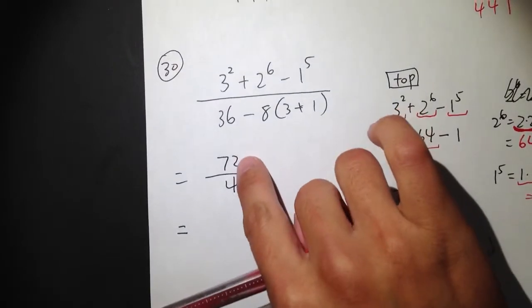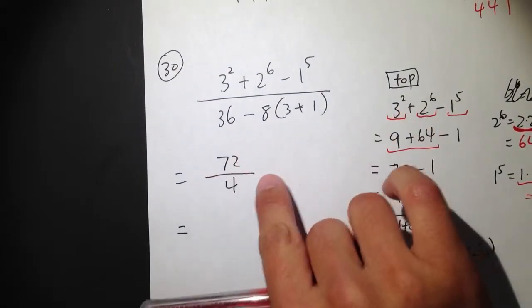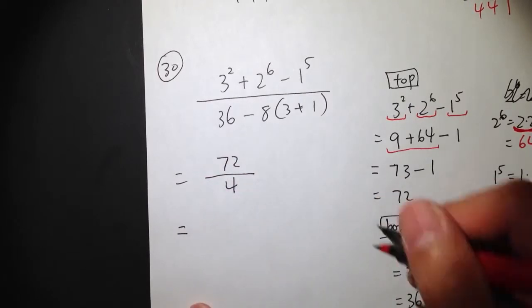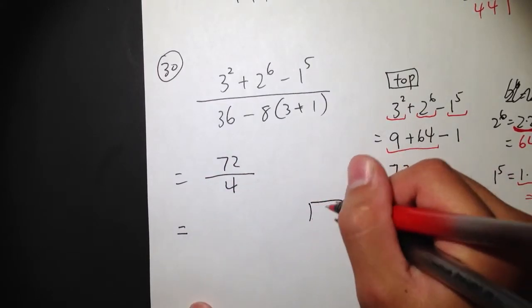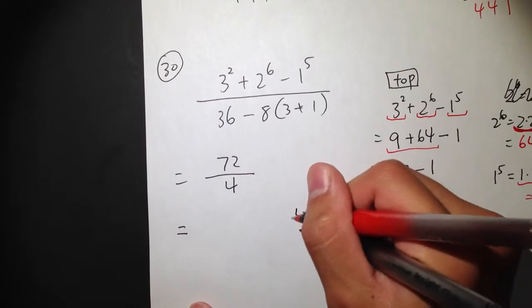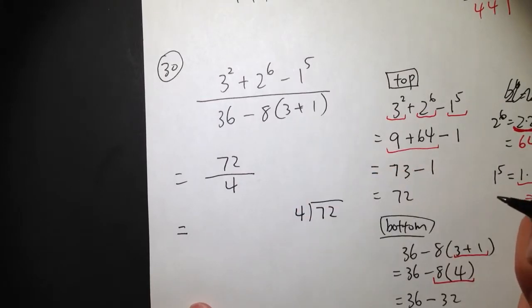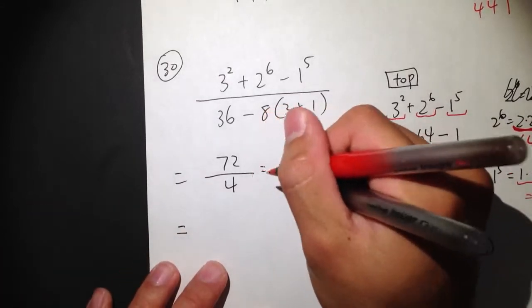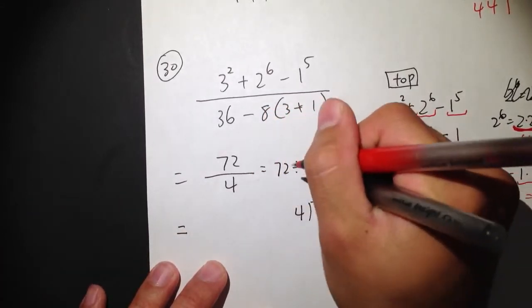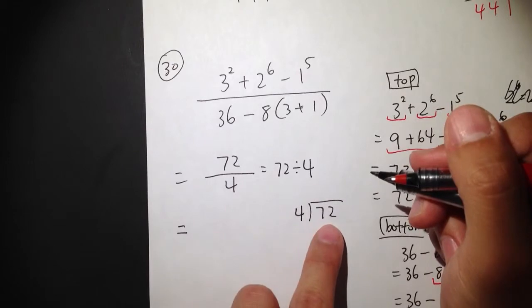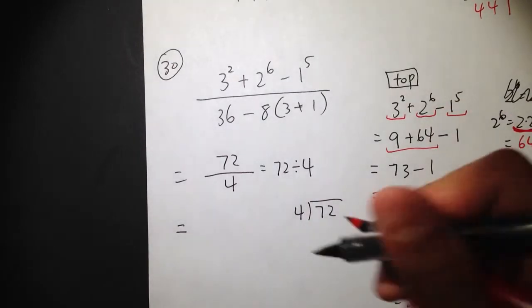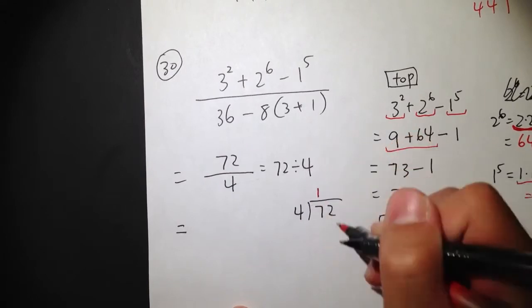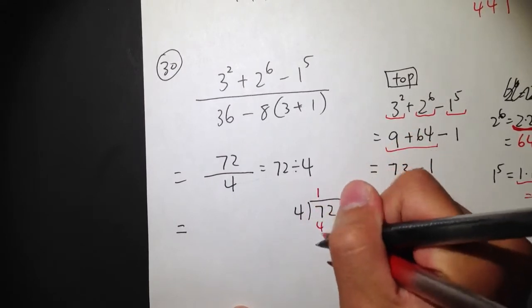And now let's look at this as 72 over 4, which is 72 divided by 4. You can do it like this, 72 divided by 4. The first number goes inside. So 4 goes into 7 one time, and 1 times 4 is equal to 4.